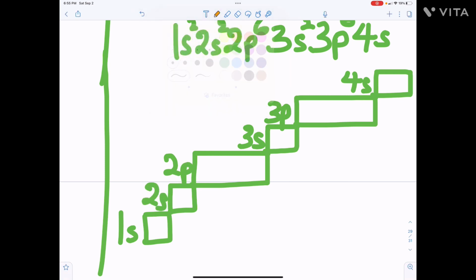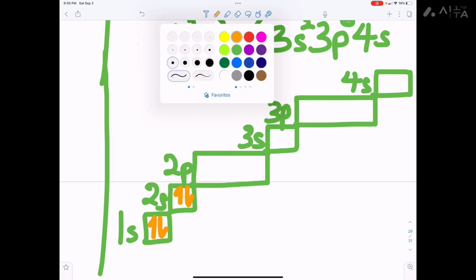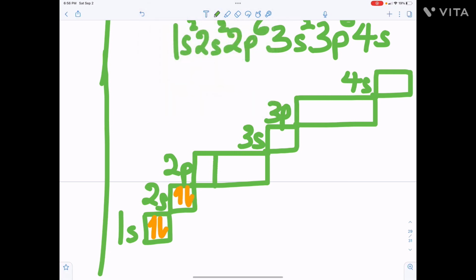Each one with its electrons. 1s2, 2s2. I forgot to break this into orbitals. 1, 2, 1, 2. Okay.